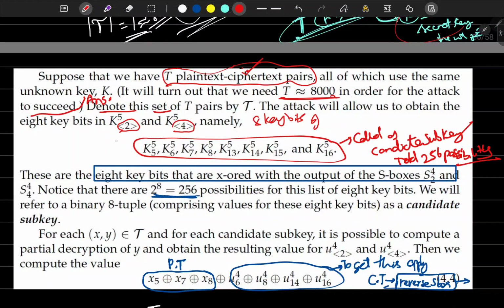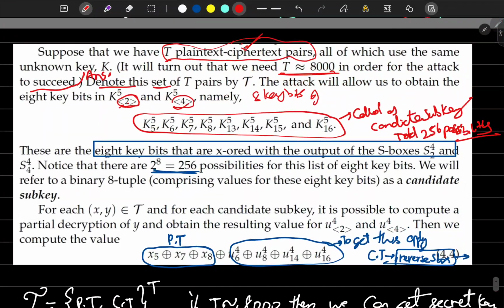Whenever we write this in square bracket format, it denotes a block number. We have 4 blocks, so the second block has indices 5 6 7 8, and the fourth block has indices 13 14 15 16. These are the key bits we can find using this algorithm. How the algorithm works, we will discuss here.